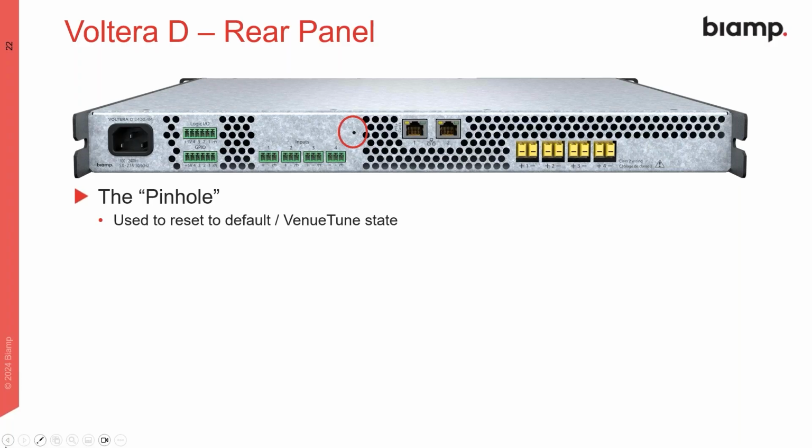This could also be needed if you or another technician used Tessera software on the amp in the past in the shop. But do note that when you do a pinhole reset of an amp, it's going to clear out all the memory, but it will be back and ready to connect directly to VenueTune again.